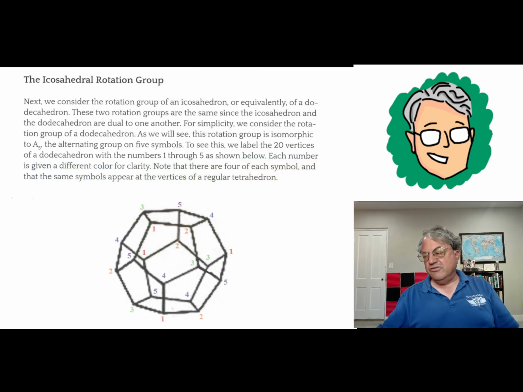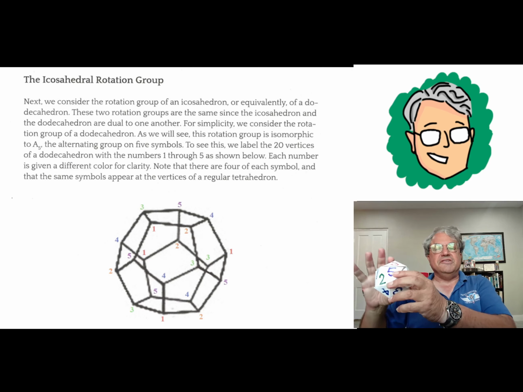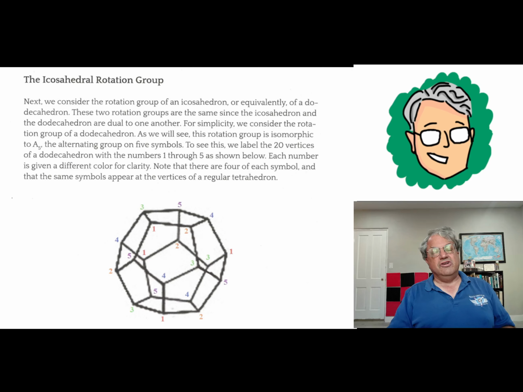So, in the book I talk about the dodecahedron. Equivalently, you could use an icosahedron. I think it's actually a little easier with an icosahedron than a dodecahedron. What I did in my book was I showed a 2D picture, like a wireframe of a dodecahedron.